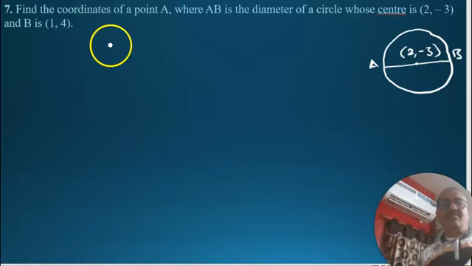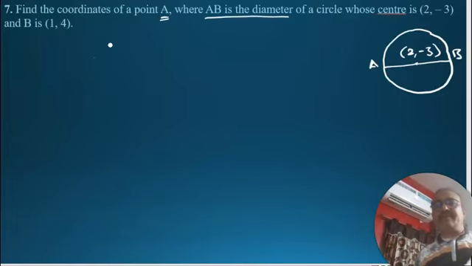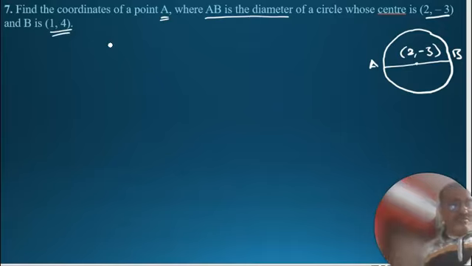Now, find the coordinates of point A where AB is the diameter of a circle whose center is (2, -3), and B, one end, is (1, 4). So whose center is (2, -3), and B is one of the ends of the diameter.